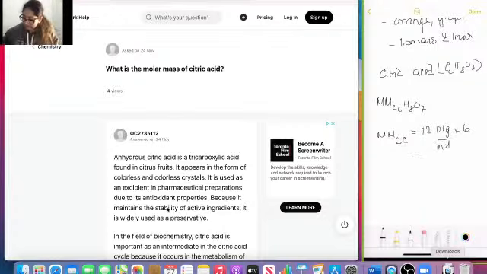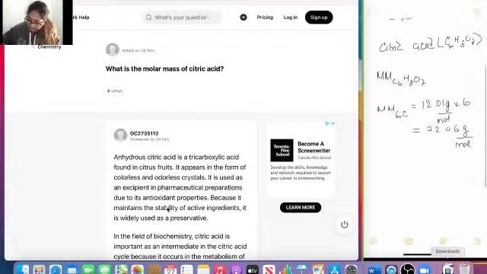And so you get 72.06 grams per mole. So this is 6 atoms of carbon.